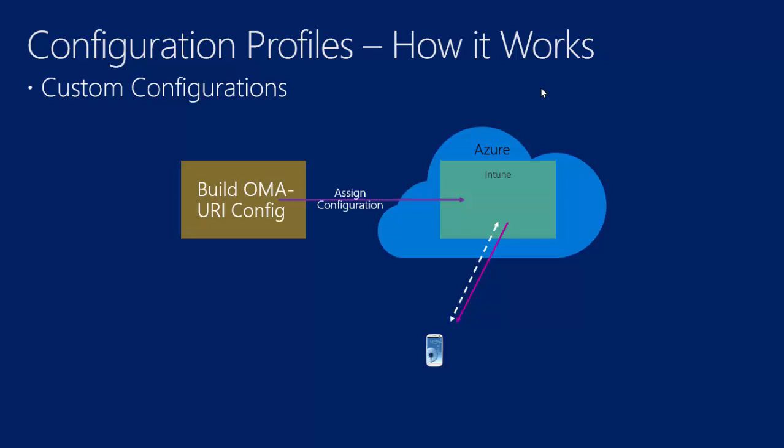And so there's a certain smaller, honestly, set of things that you can do with Android through the custom configuration pathway, but you can. And so you will build a standard, I'll show you an example of this, OMA-URI formatted kind of configuration, very much like you would for a Windows custom config. And then you will assign that to your devices, and then Intune will deliver that to your devices just like any other config.